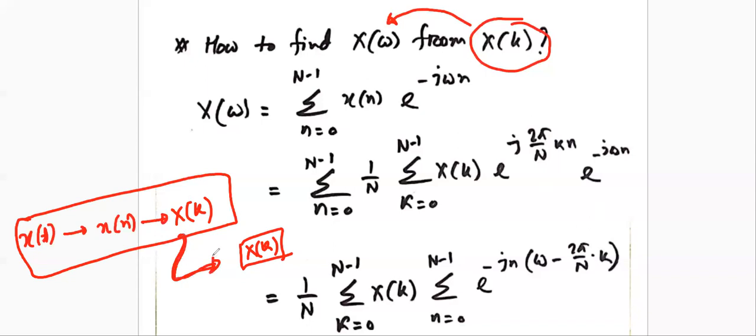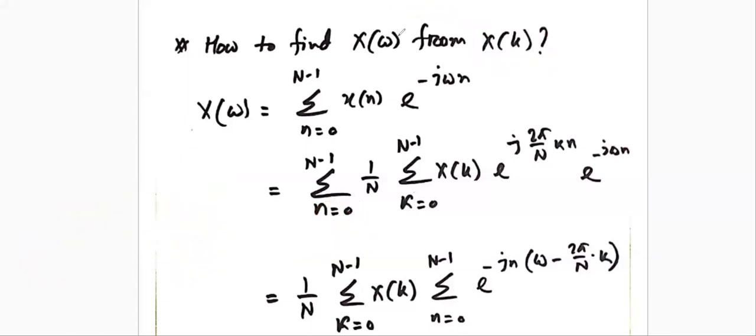But whenever you are sending this, based on the bandwidth of the channel, you are minimizing that, and that's why you are making this N limited, and based on this number you are finding the value of X[k]. You have sent it to the other location. Now they receive X[k] and they try to understand what was there actually, so they want to make it X(omega) by using the X[k]. So that's why this is important, and as you know, X(omega) will give you a detailed understanding of the signal.